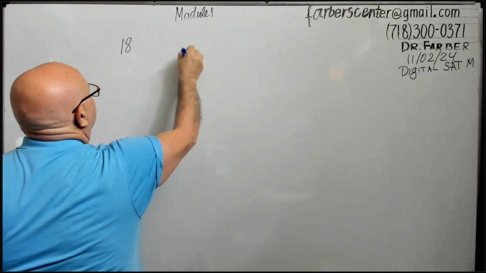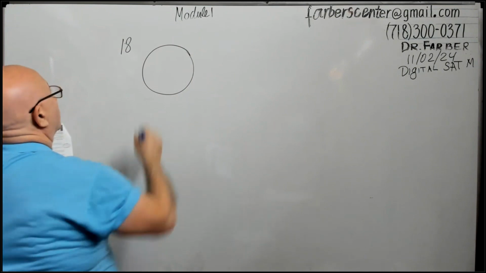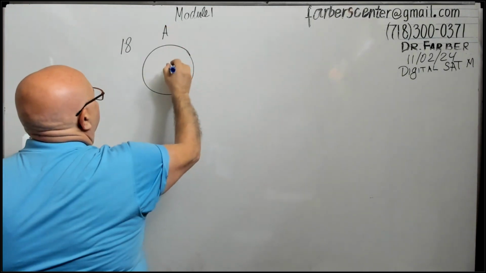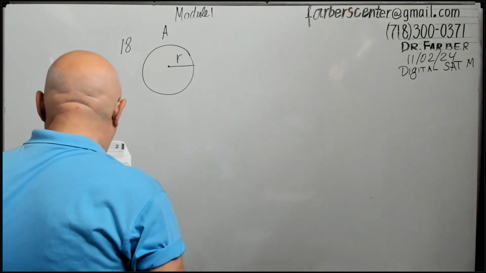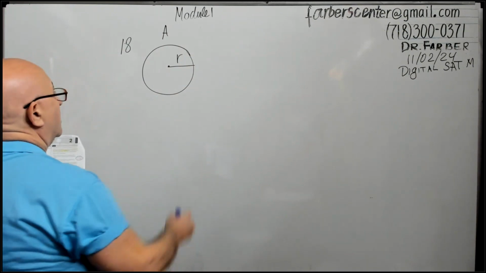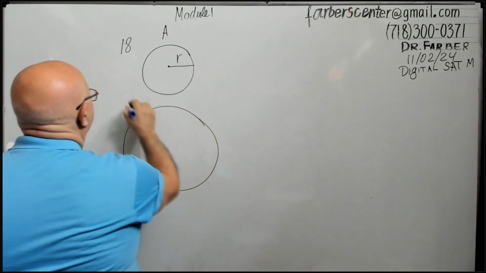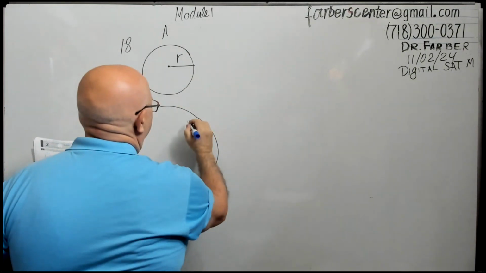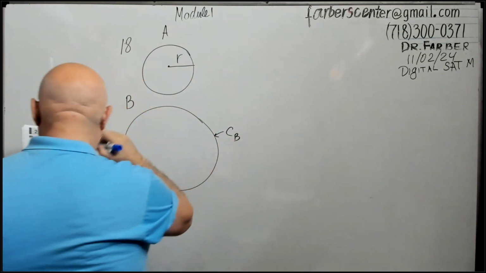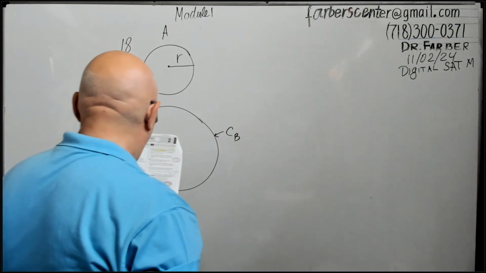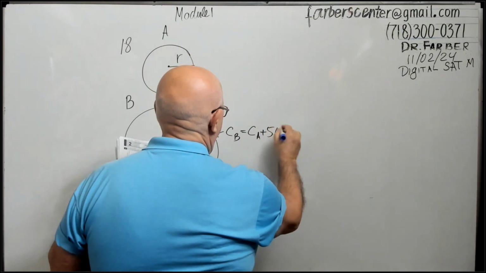Let's say circle A has a radius of r. Always illustrate what you do. Circle B is bigger, and the circumference of B, they said, equals the circumference of A plus 50. This is what is given.